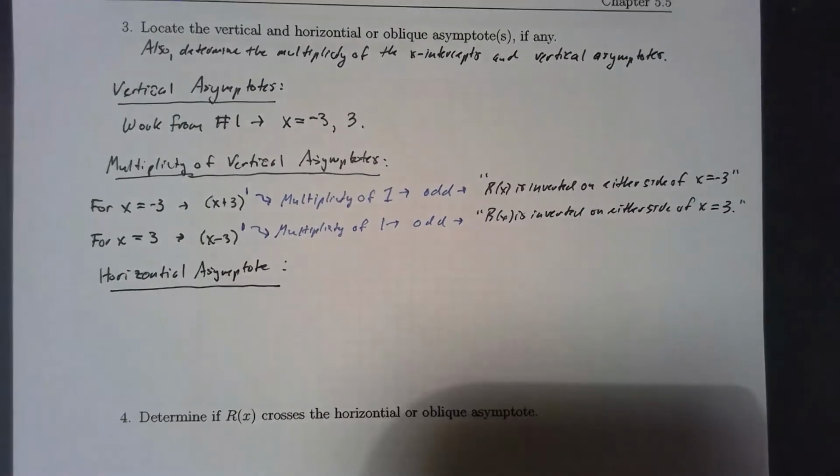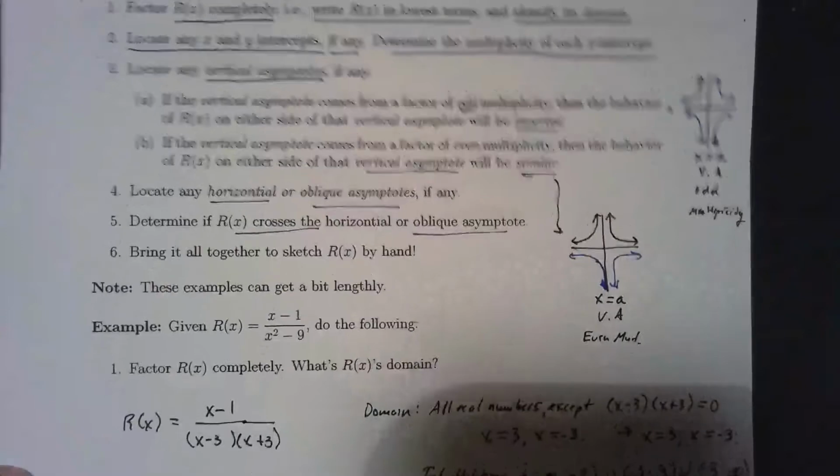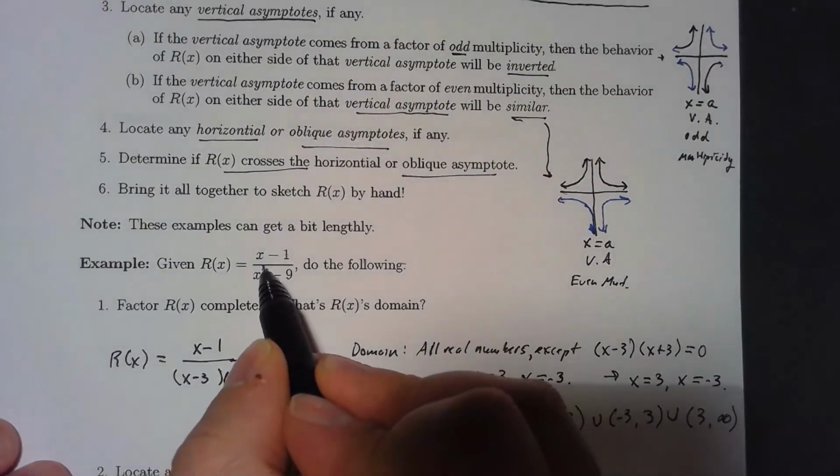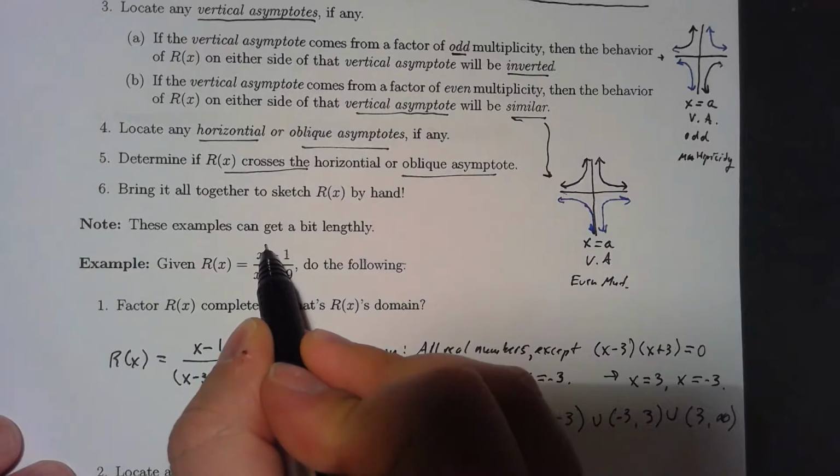If I go back to my original function, remember, to determine the horizontal asymptote, you look at the degree of the top compared to the degree of the bottom.